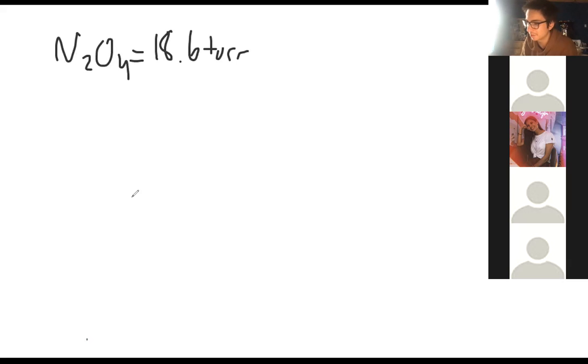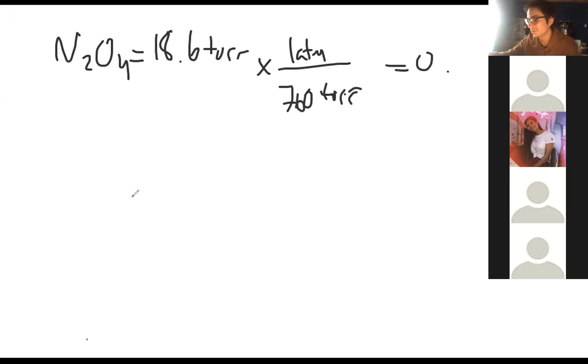Oh, for Kp in general. Let's see. All right. So we can convert torr, divided by 760 torr per atm, and we end up with 0.0244.